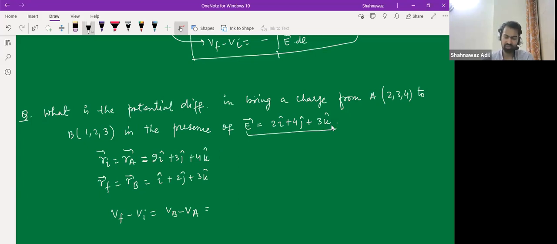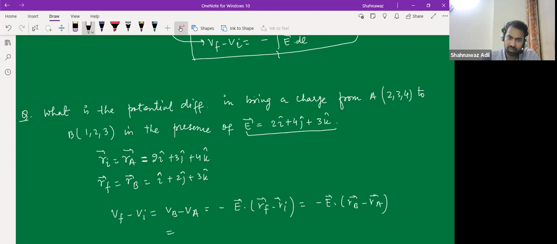Aisha? Uniform. Absolutely correct. So we will use this one formula: minus E dot (R final minus R initial), which is minus E dot (RB minus RA).